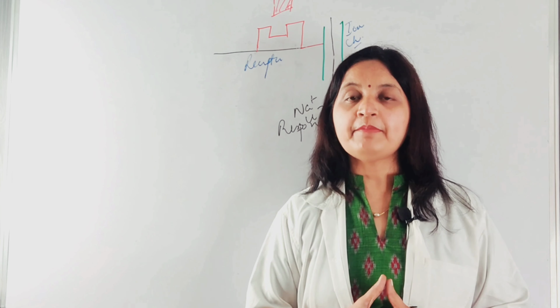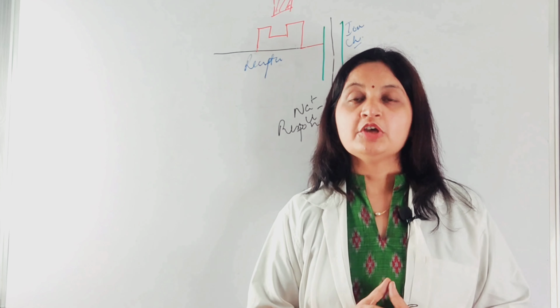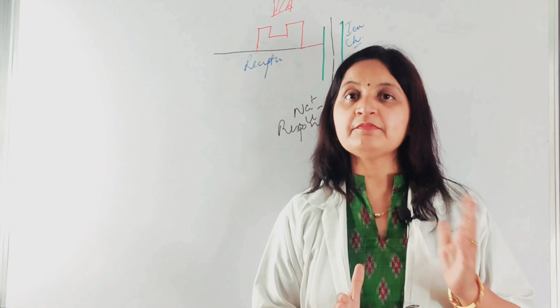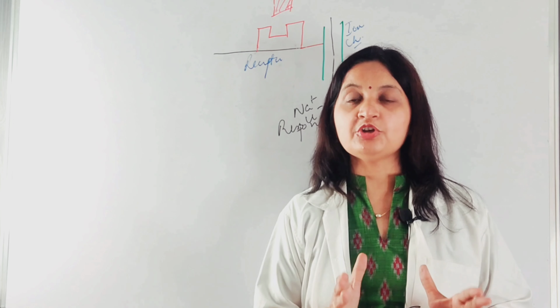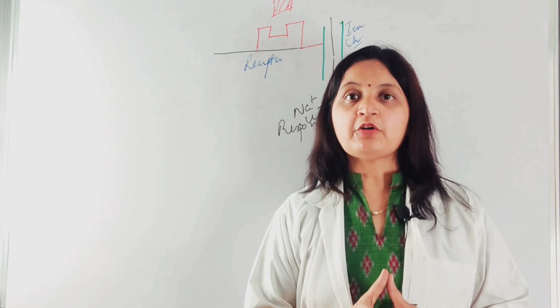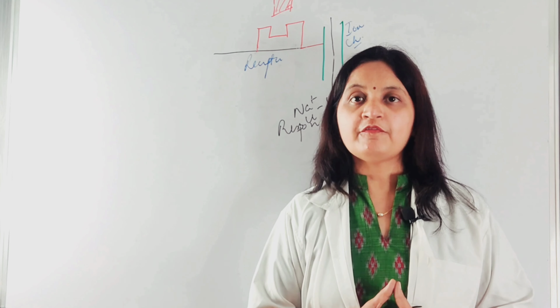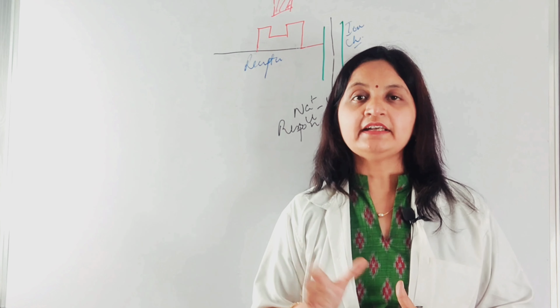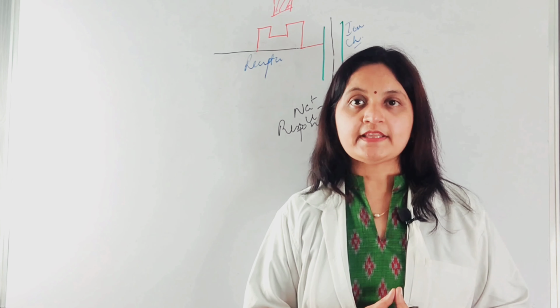So this is an example where tolerance develops due to decreased metabolism. So tolerance can develop due to increased metabolism, an example of which is phenobarbital, which is an inducer of metabolic enzymes, and tolerance can also develop due to decreased metabolism, an example of which is nitrates acting as a nitrovasodilator and useful as an antihypertensive agent.